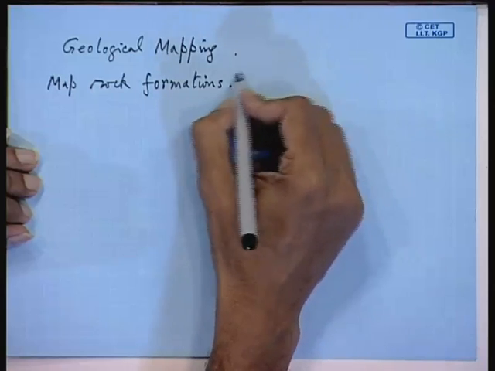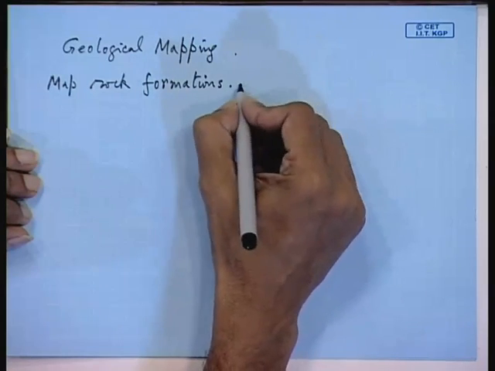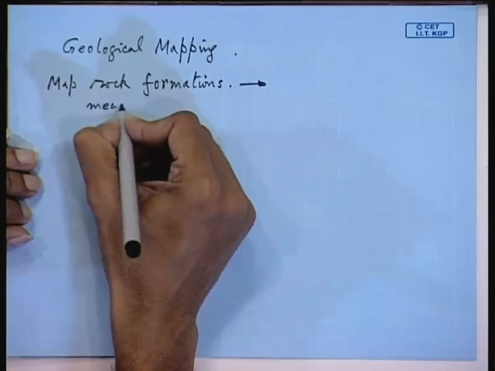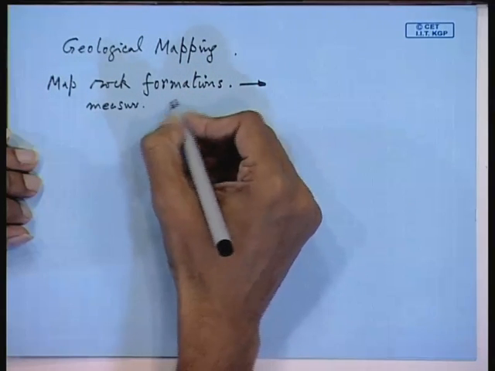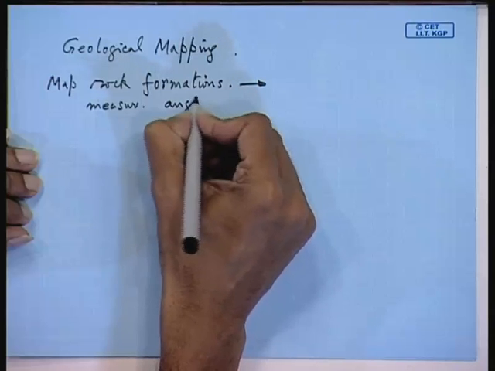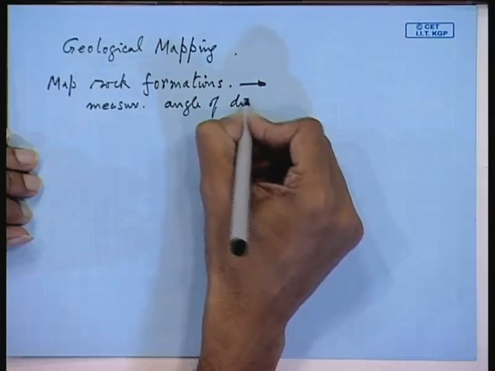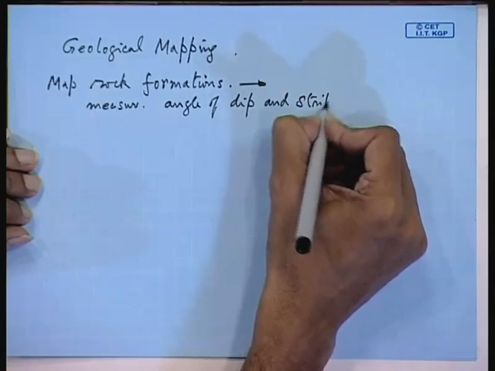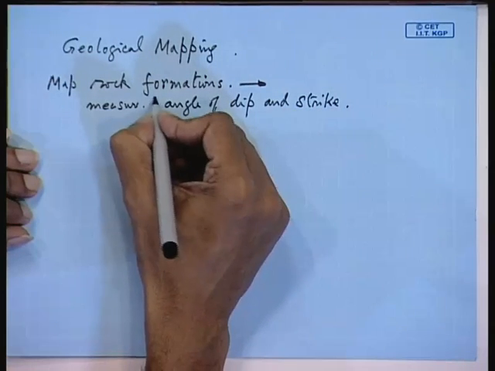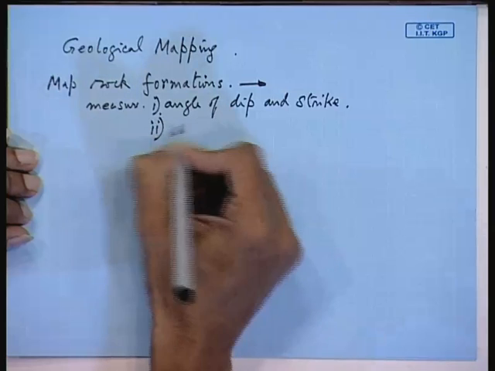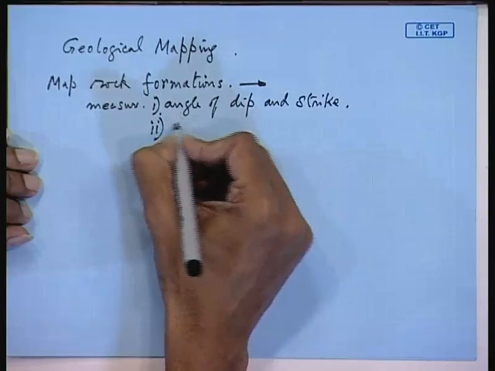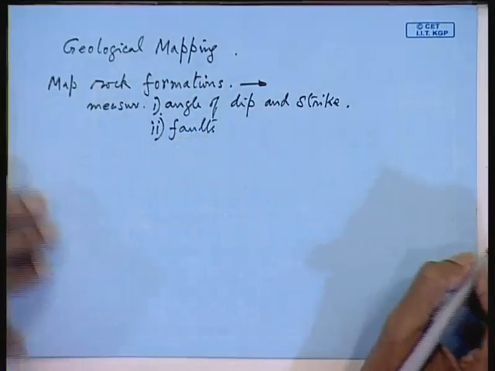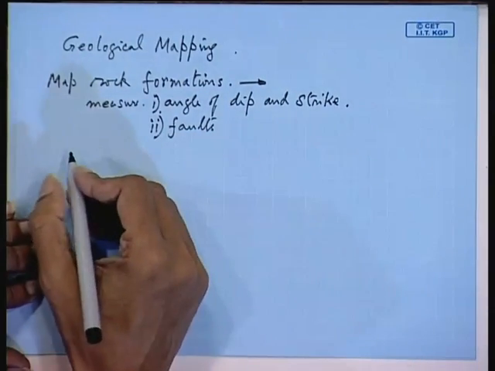These are done by aeroplanes. They make a survey, and you measure the angle of dip and strike. These are the various rock formations. Oil is to be found in faults in the rock formations. Anyway, so this is geological mapping.